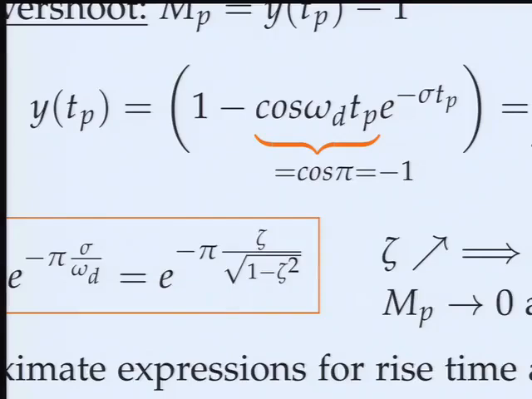So only in the limit when zeta is going to 1, that is when the poles are actually becoming real, you're getting 0 overshoot, right? So essentially, you always have a little bit of overshoot the moment you have complex conjugate poles. It may be small, it may be large, depending on the amount of damping. The overshoot in the frequency response, which we call resonance, is a different story.